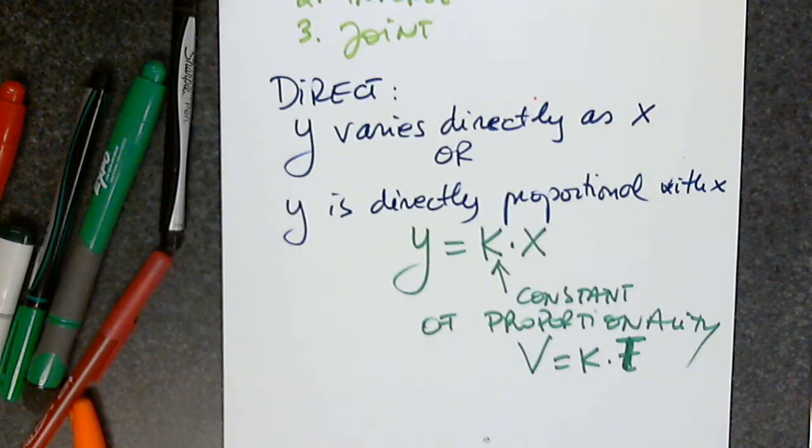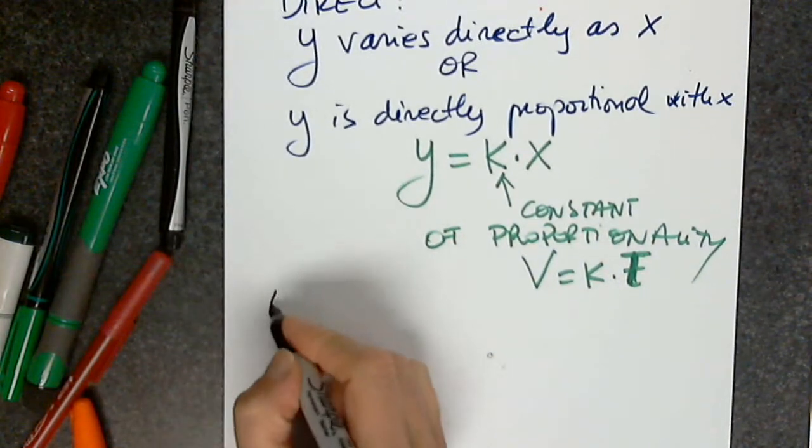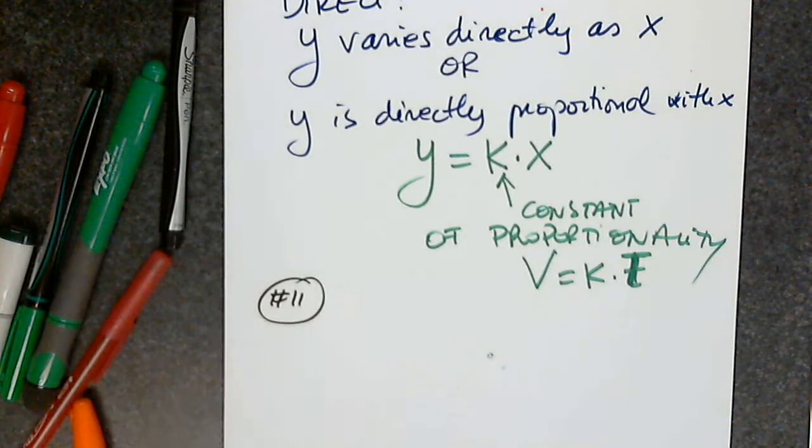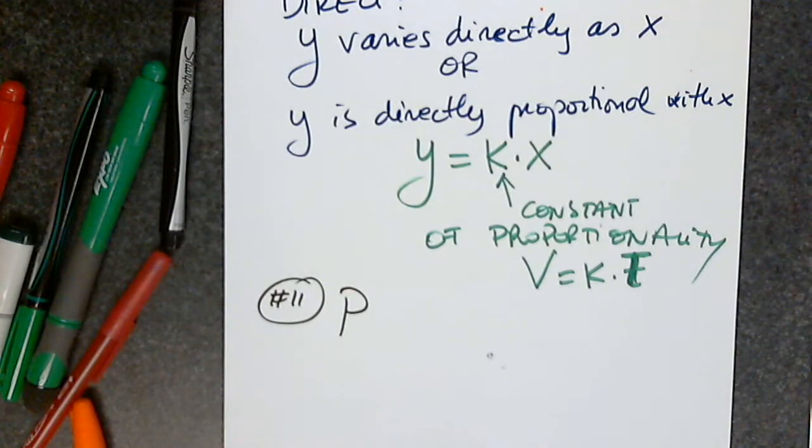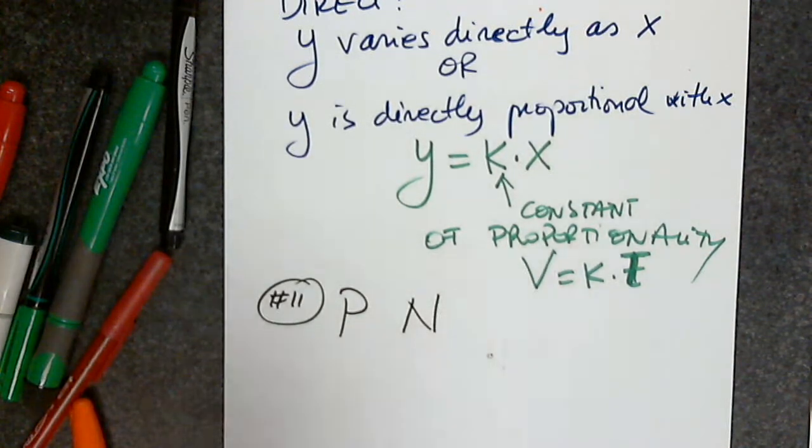On page 542, in case you have your books, let's try number 11. It's something that we are confronted with all the time. The amount P of pollution varies directly with the population N of people.